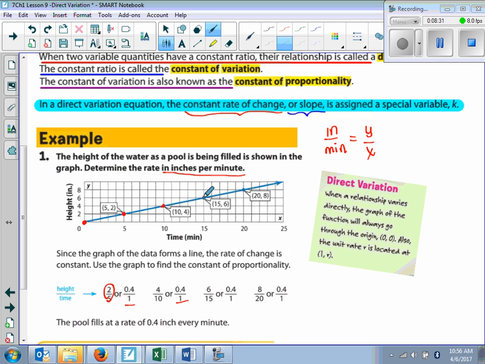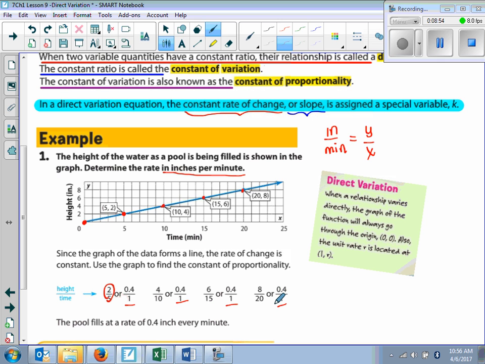Over here, 6 to 15 is equal to 4/10 to 1. And same thing with 8 to 20.